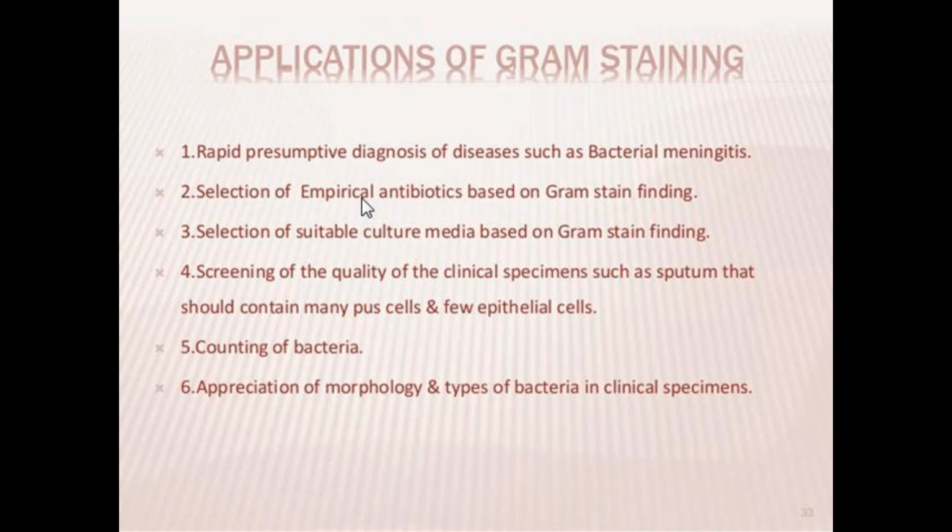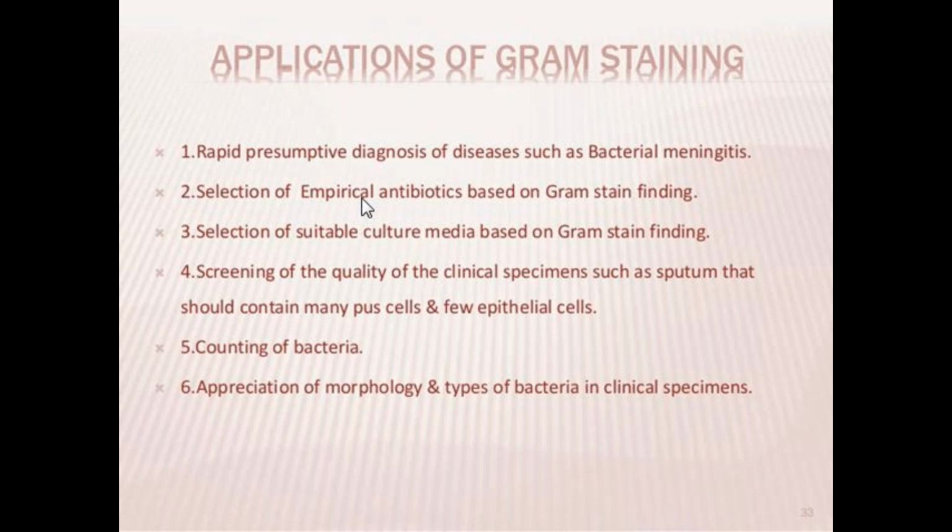When the pathogenic microorganism is identified, that allows giving the particular antibiotic. The selection of antibiotics depends on the particular pathogenic microorganism, and the finding depends upon the staining procedure only.